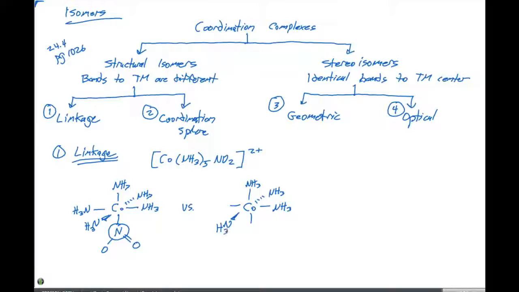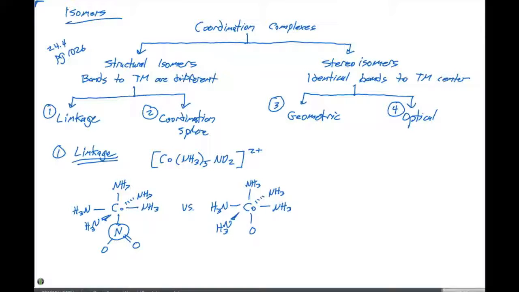So again, when we draw these 5 ammonia groups around here, the complex ion to the left and the complex ion to the right is exactly the same. The thing that could potentially change here is how the NO2 group is coordinated to this particular transition metal complex.